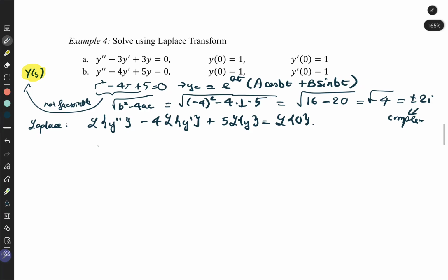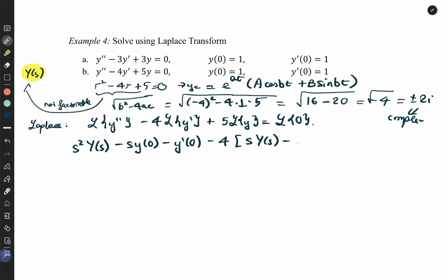Laplace of the second derivative gives us s squared Y(s) minus s y(0), the initial condition, minus another initial condition, y prime of 0. Minus 4 times Laplace of the first derivative, which is s Y(s) minus y(0), plus 5 Y(s), and on the right hand side Laplace of 0 is just 0.